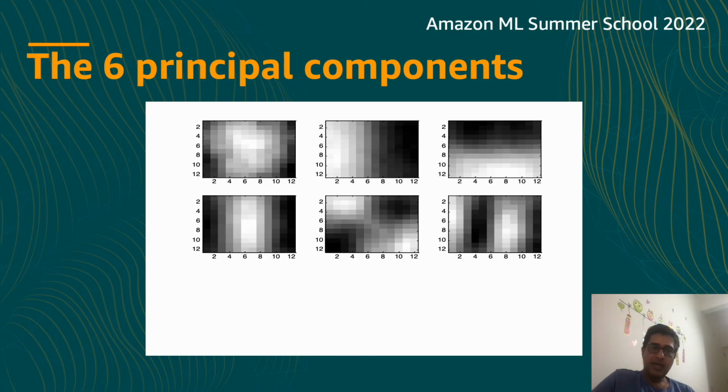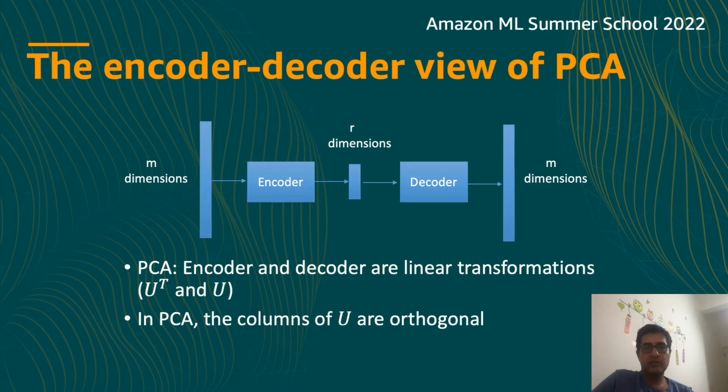Okay. Now there is a more, I would say, modern view of principal component analysis, which is the encoder decoder view of PCA. The encoder decoder view of PCA is quite important in the current state of the art for machine learning, because autoencoders or the encoder decoder architecture as such is used everywhere.